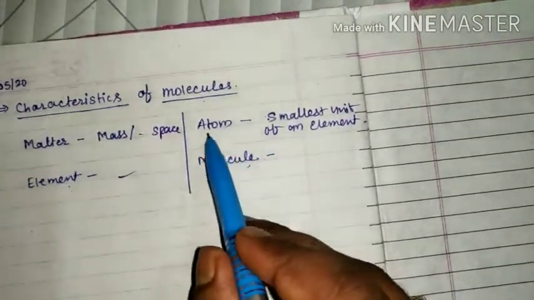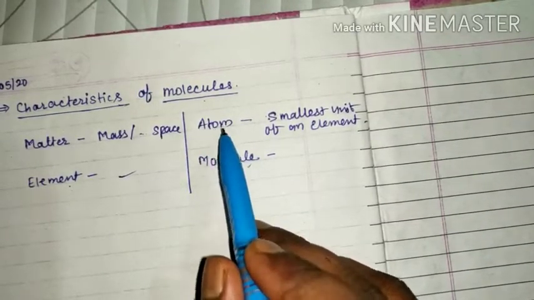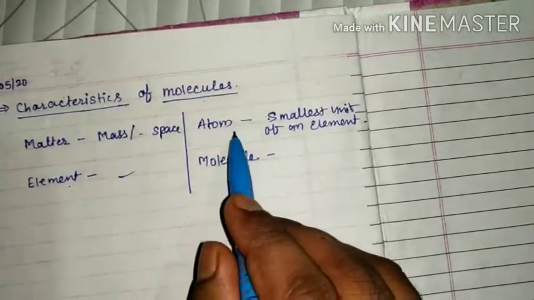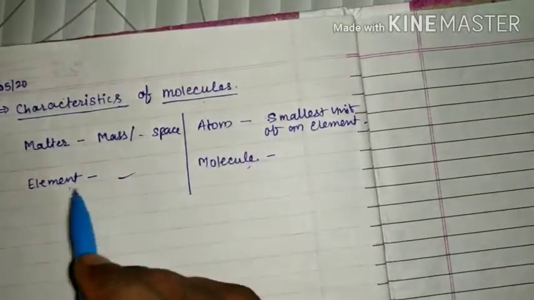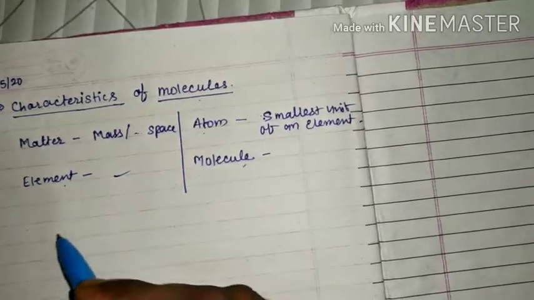One thing is important regarding atom: an atom always takes part in a chemical reaction, but an element does not take part in a chemical reaction, only an atom.